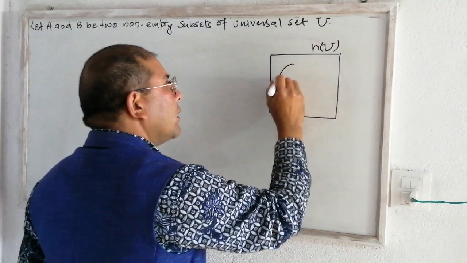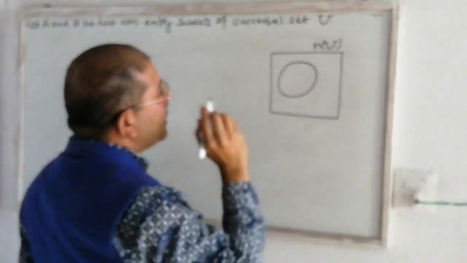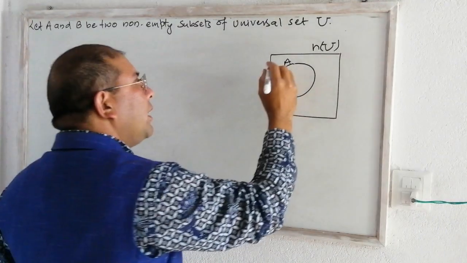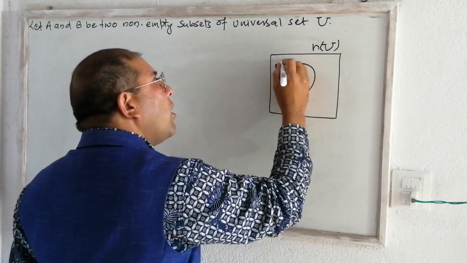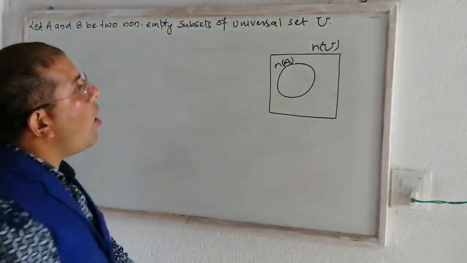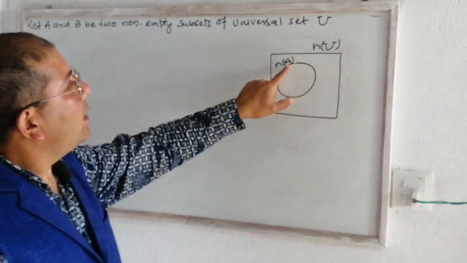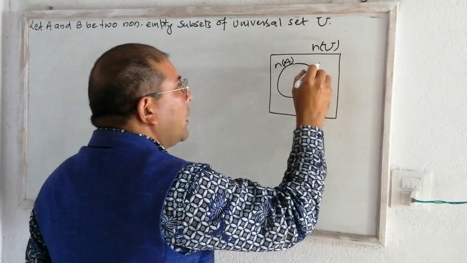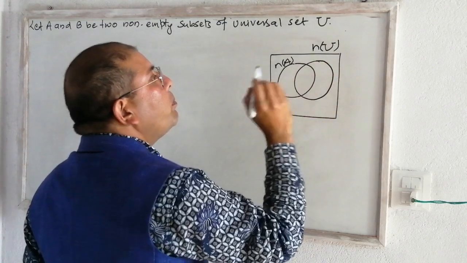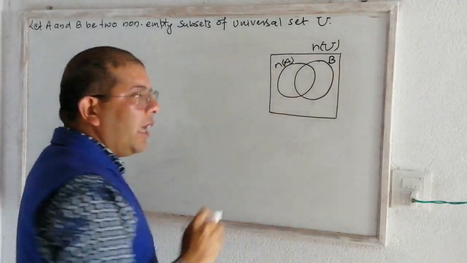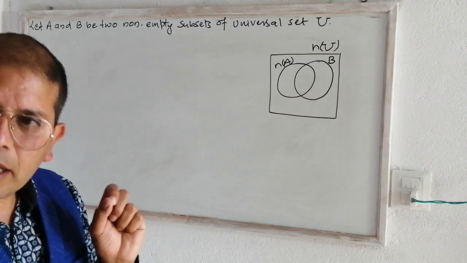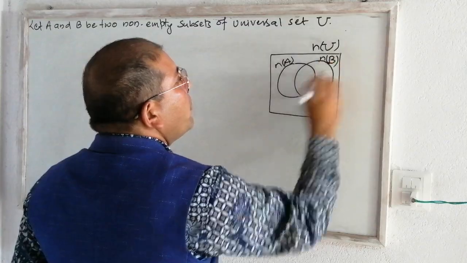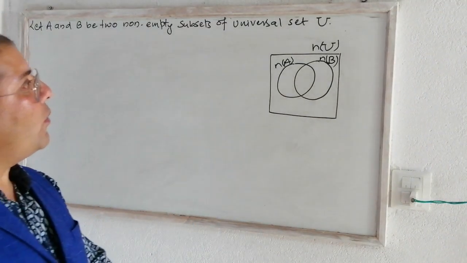Now this first circle is set A, and in this set again we can write n of A. It is the number of students in set A, and similarly, we can take another set B. In this set B, how many elements are there? It is n of B.